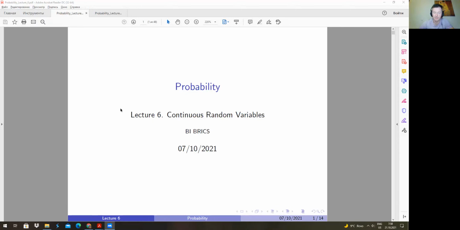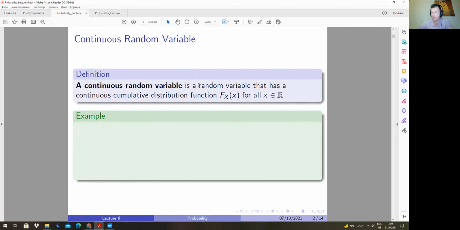So last time we started a topic of continuous random variables, and as we discussed, a lot of variables, a lot of measures in economics and in some other fields are possible to model as continuous random variables. Why?